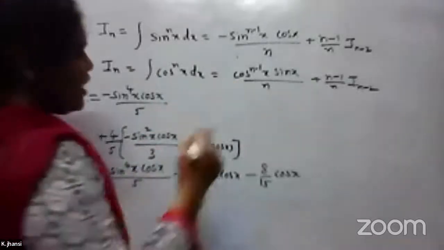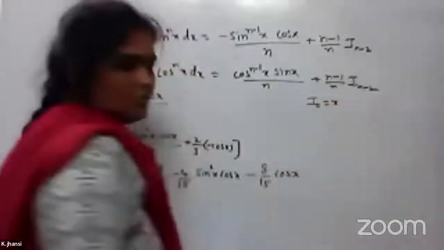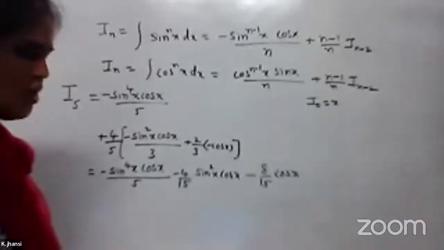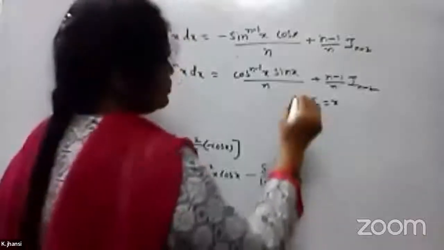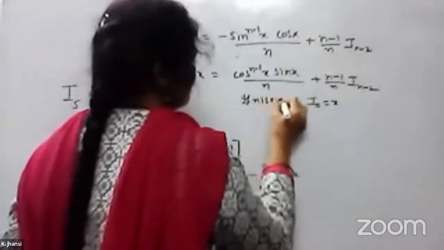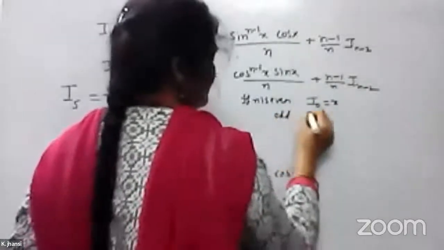Even here the I0 value is also x. Okay. And the I1 value, for cos x, means you will have sin x. So if n is even, the I0 value is x. If n is odd, what will happen?